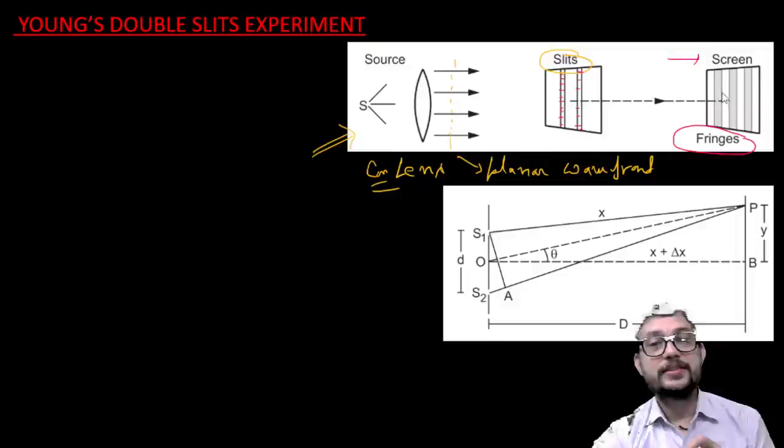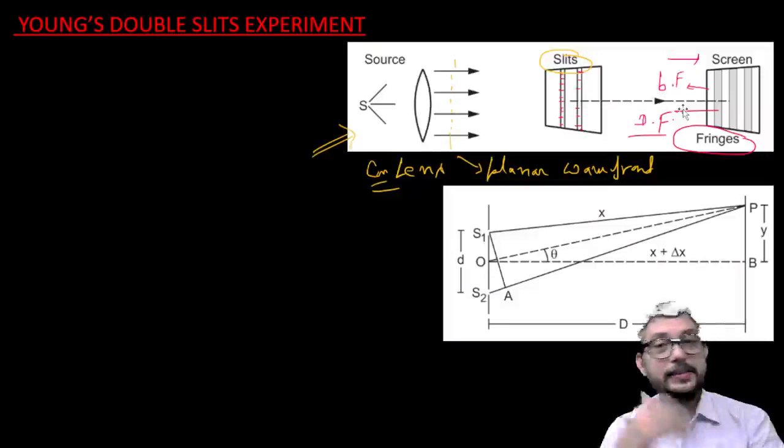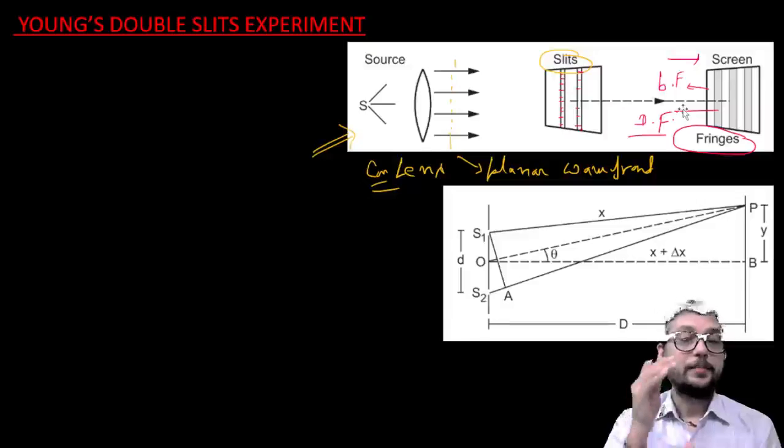So fringes means, as you can see, this is your bright fringe or bright strips, and this one is your dark strips or dark fringe. So in continuity we get the bright fringe and the dark fringe.